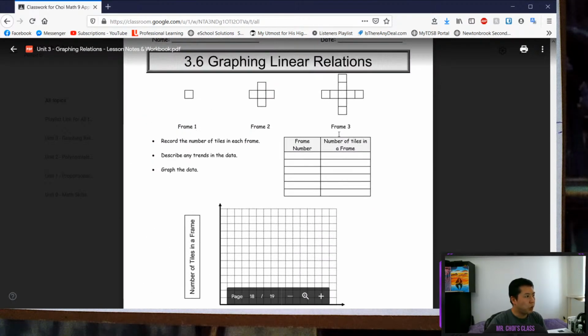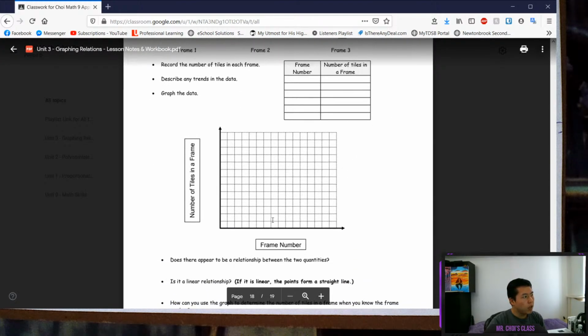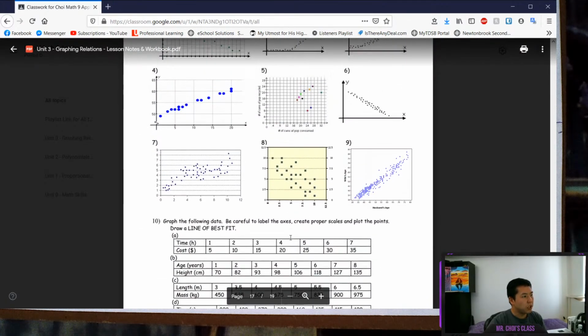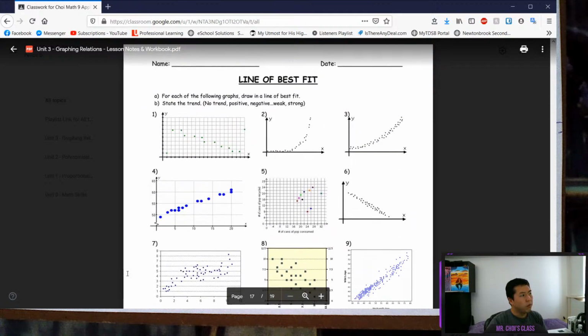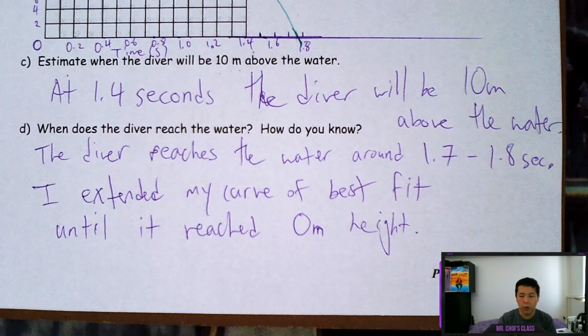We'll do section 3.6 tomorrow. So finish this page here. Page 17 is for homework. If you don't have any other questions, that is it for today. Short lesson. Rest of the time is for you to finish that homework. We'll continue on tomorrow. Wednesday will be office hours, right? Wednesday will be office hours.